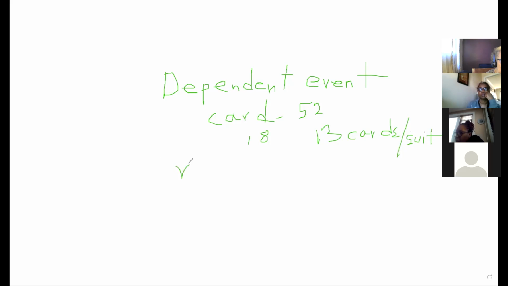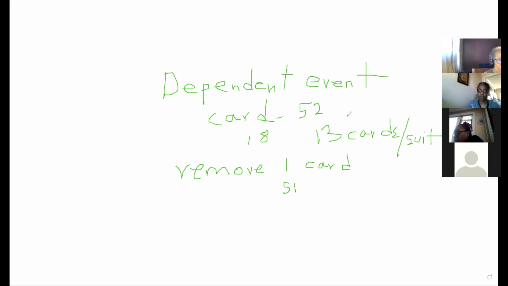Now, if you remove one card, how many cards do you have left? 51, right? So if you take one card out, you have 51 cards left.